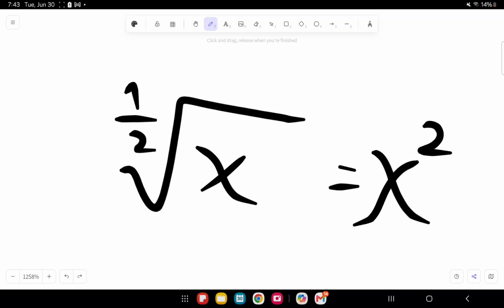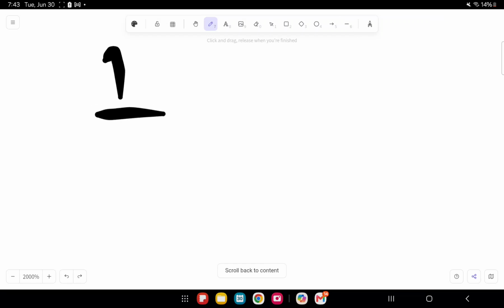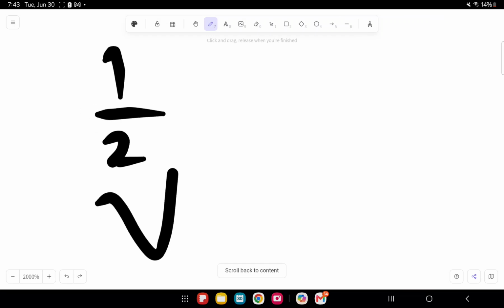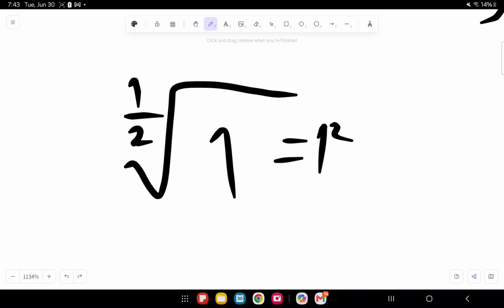That's squared. If we take the half root of 1, it will be 1 squared. 1 raised to any power is 1.